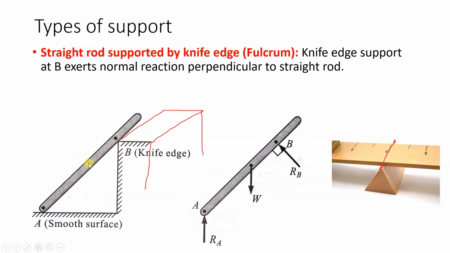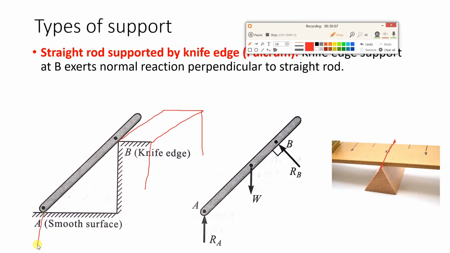Weight is acting at the CG in the downward direction, and there will be a vertical reaction at point A. That reaction is perpendicular to the surface like this. So this is a knife edge. So for a knife edge support, what will be the reaction? It will be like this, and this reaction will be perpendicular to the rod.